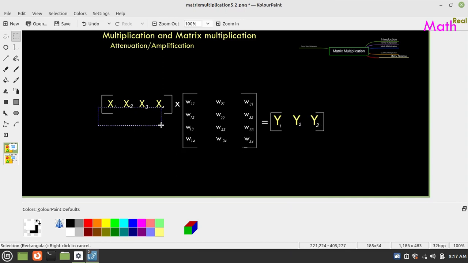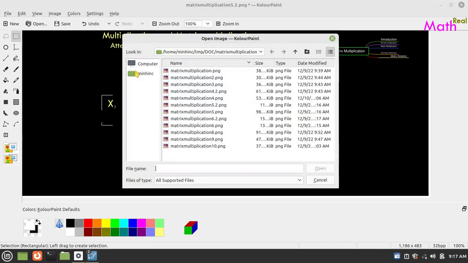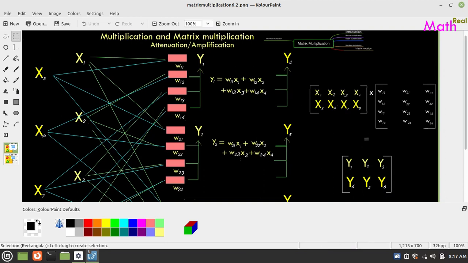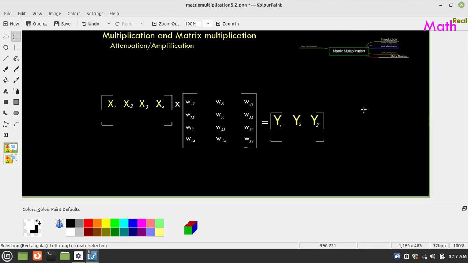What we just need to do is here one row and here one more row. That's it. This is matrix notation.